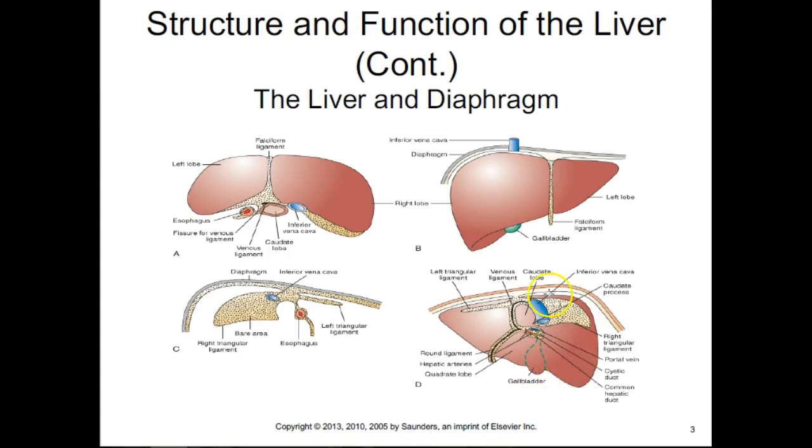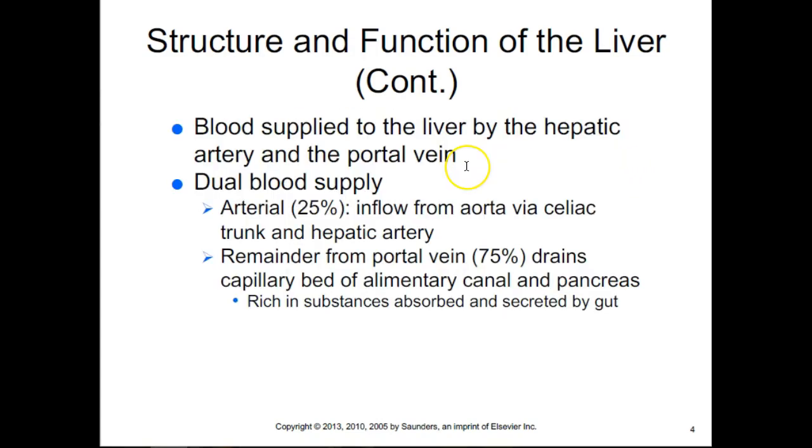Then you have the right lobe and the left lobe, and your inferior vena cava. Here you have a bare area that has no capsule, excuse me. That's a little review of the anatomy of your liver, and you can see right here is your diaphragm.